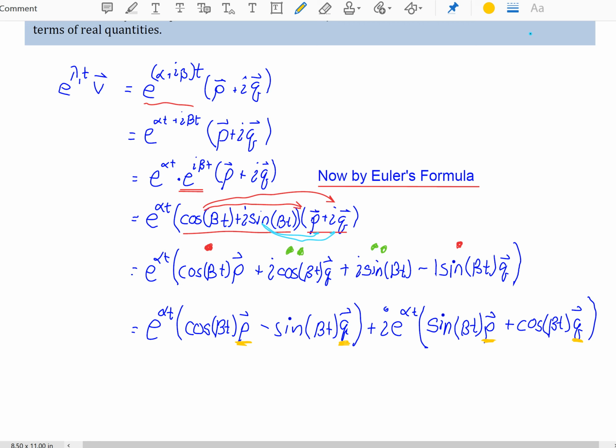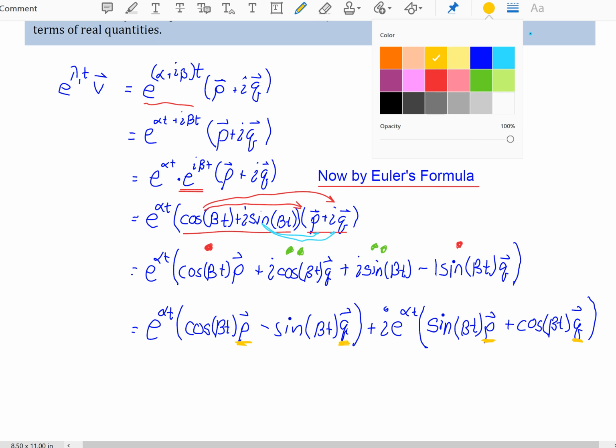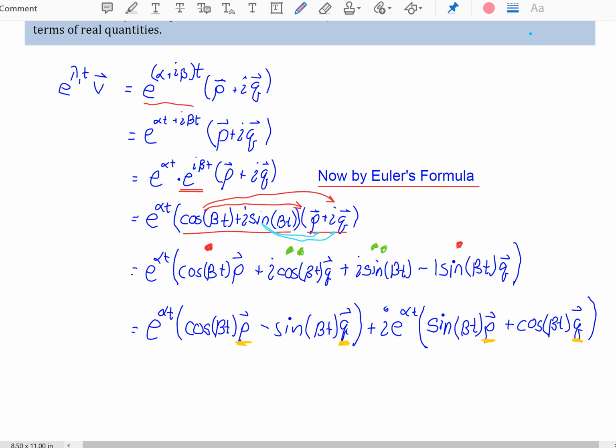Now, written this way, we want to identify that this is referred to as the real portion of your solution. And our author writes this as x real.